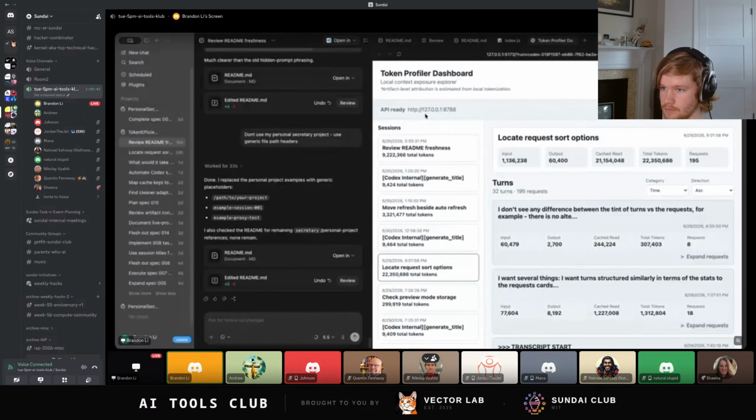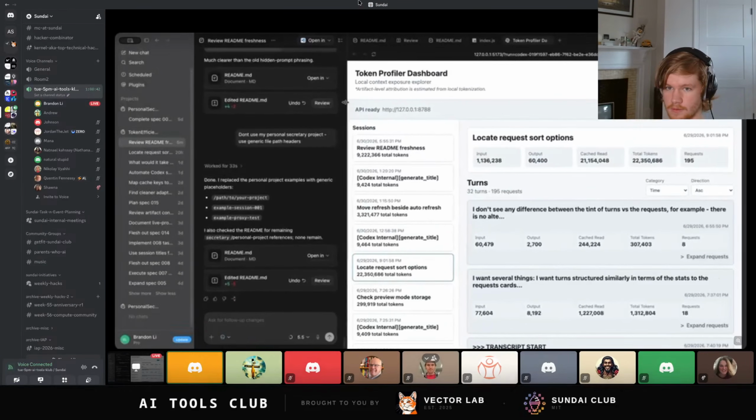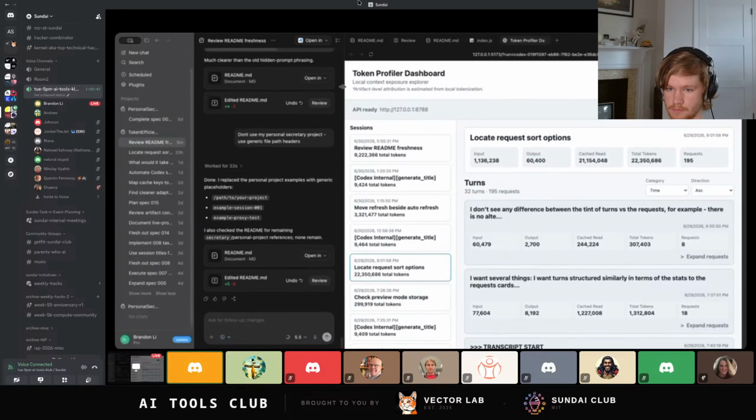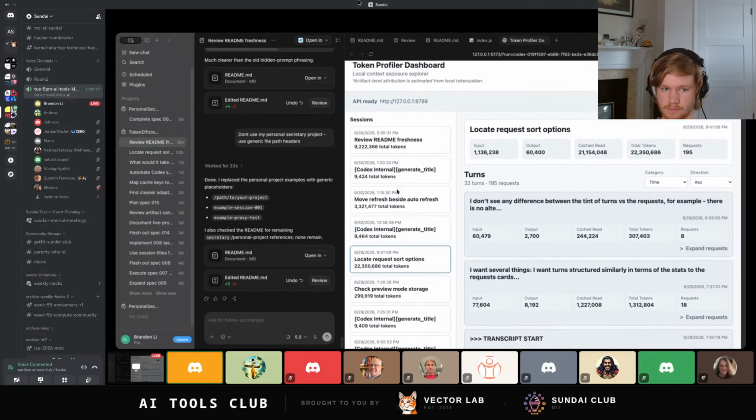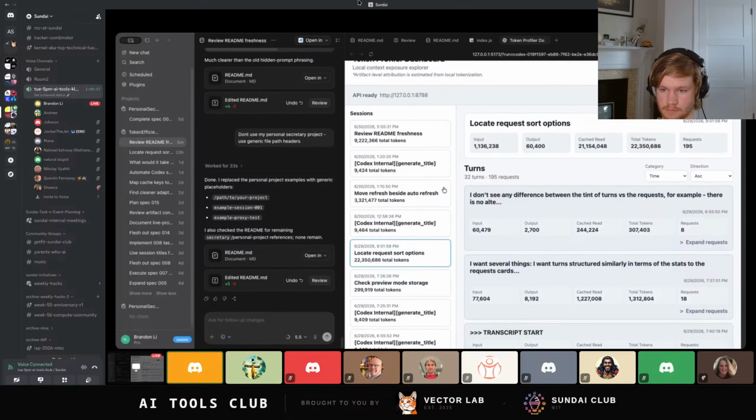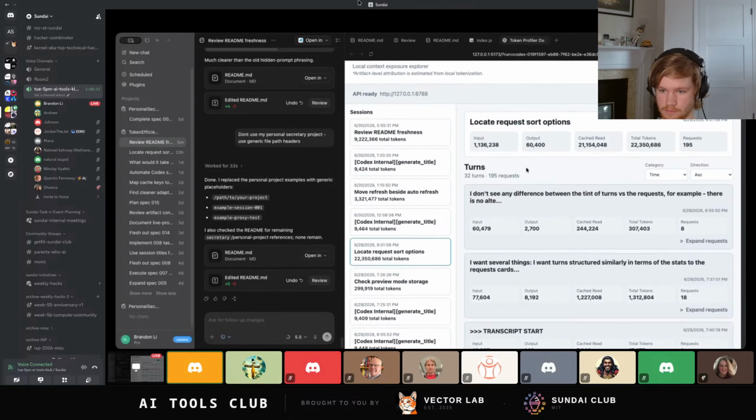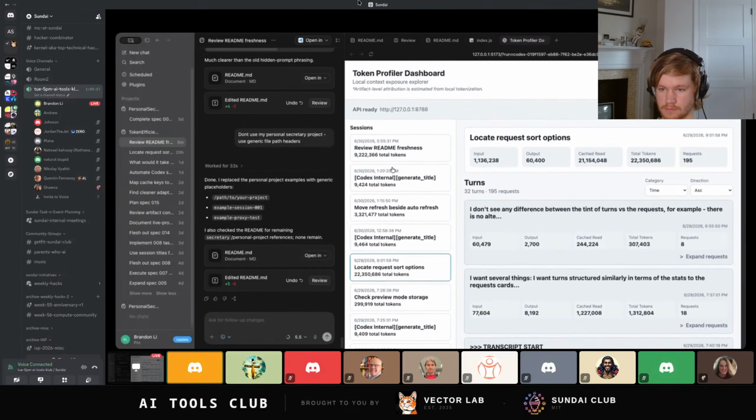This previous Sunday, I was working on a token profiler dashboard. One of the annoying things for me was trying to find out why I was burning through so many tokens. So I built a dashboard that shows each of my Codex sessions, and how many input tokens, output tokens, cached reads, and total tokens are being burned.